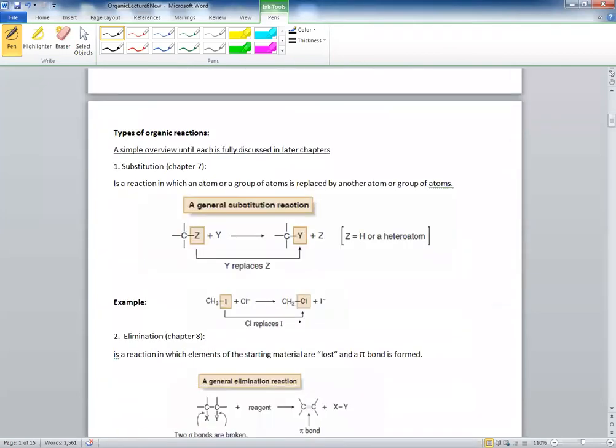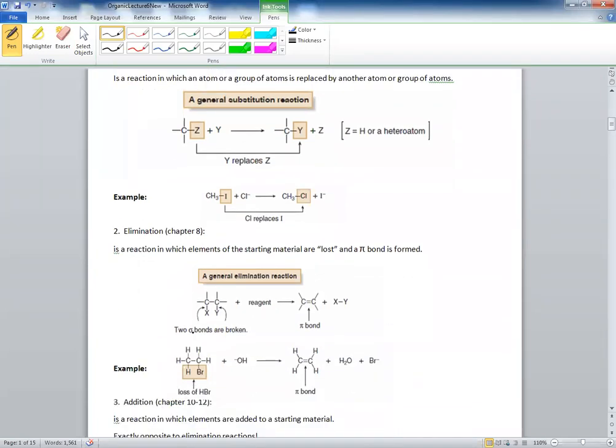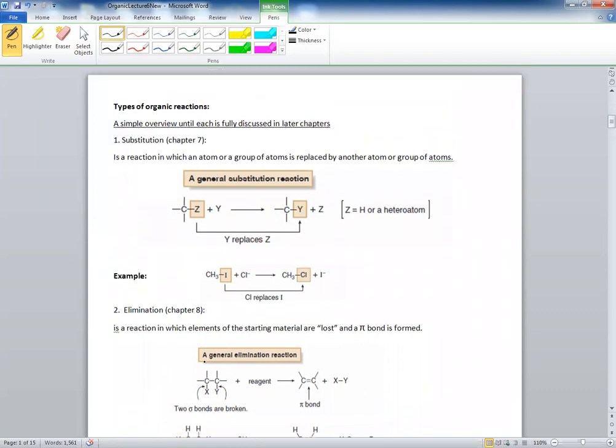So there are types of reactions. I am not going to go over them now. They're just for you to develop some prior knowledge before we get to chapter 7, of course 8, and then 10 to 12. After this chapter, we're going to start with organic reactions. Organic reactions are what we're going to do for the rest of the year. After this, we're kind of done with the basic theories.